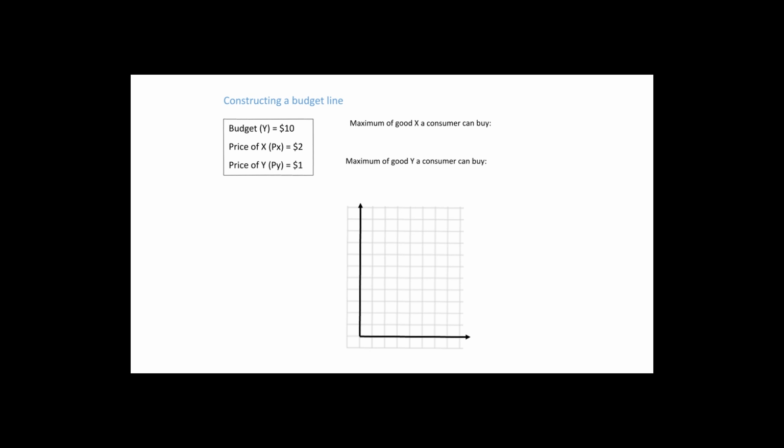So, how much quantity of Y can you afford and how much quantity of X can you afford? You come up with the extreme points. For X, you take the budget, you divide it by the price of X, and you get 5.